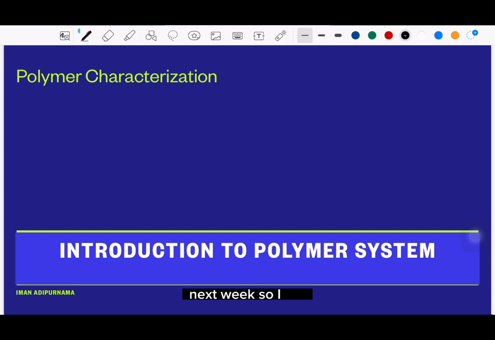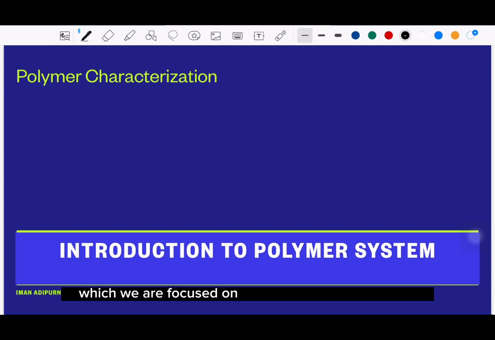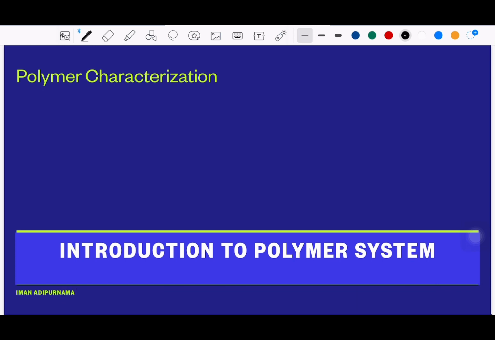So next week, I will try to finish this last part by today and Thursday. We still have one more section. This is the last part, which is focused on polymer characterization. There will be a lot of mathematical formulas, but I don't want students to just memorize the formula.